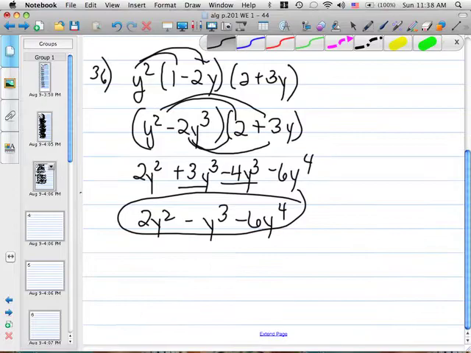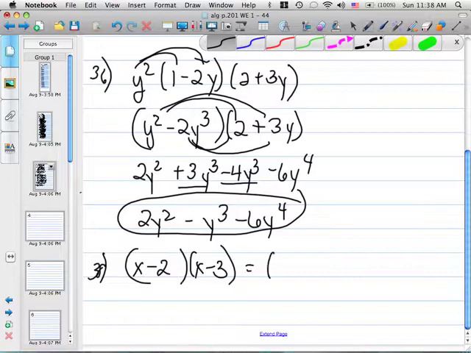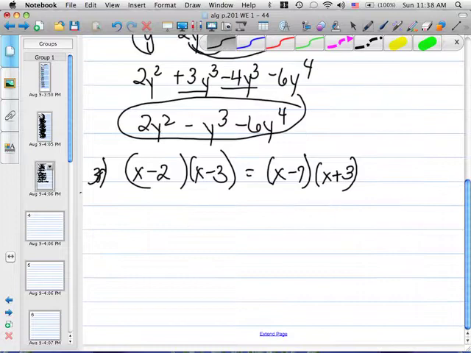The next set of problems, 38, we're going to actually solve equations. So problem number 38, we're going to apply FOIL twice here. x minus 2 times x minus 3 equals x minus 7 times x plus 3. So FOIL, first term, x squared, outer, negative 3x, inner, negative 2x, last, positive 6.